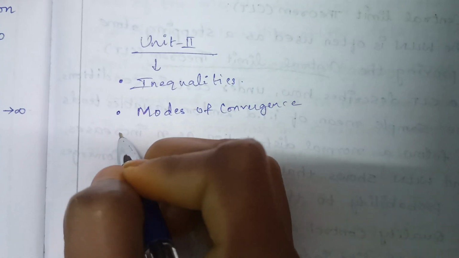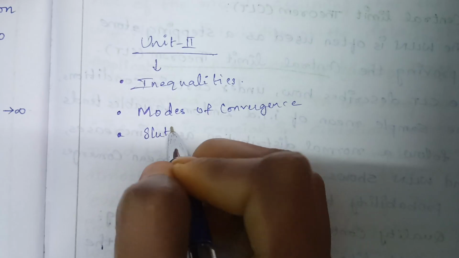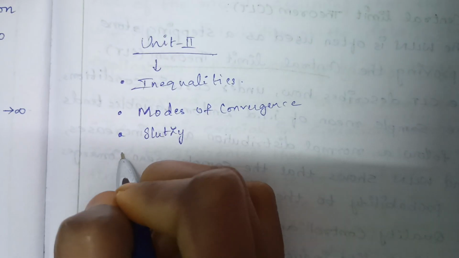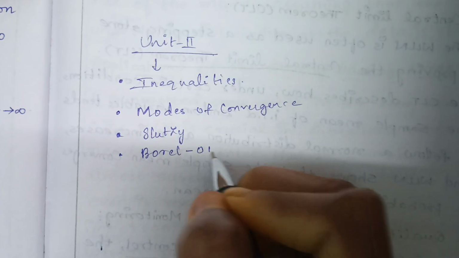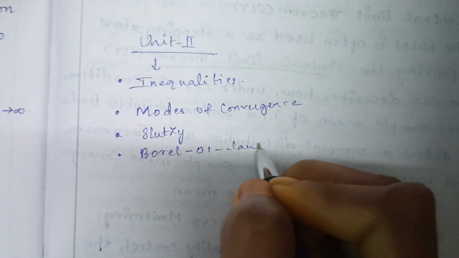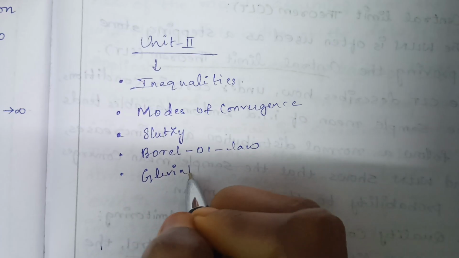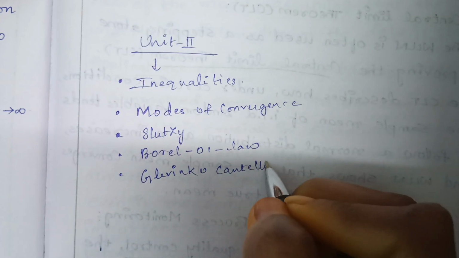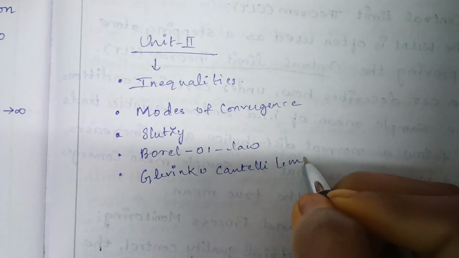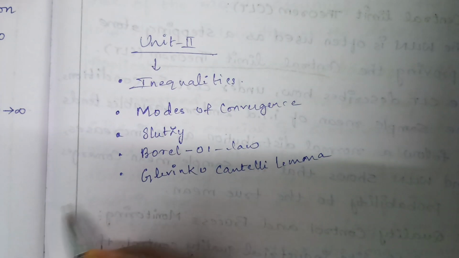And the next one is the Slutsky theorem. And the third one is the Borel 0-1 law and the Glivenko-Cantelli lemma. These are the 5 topics, right?